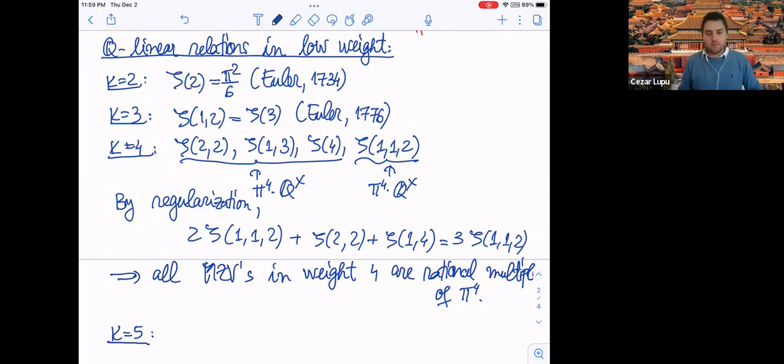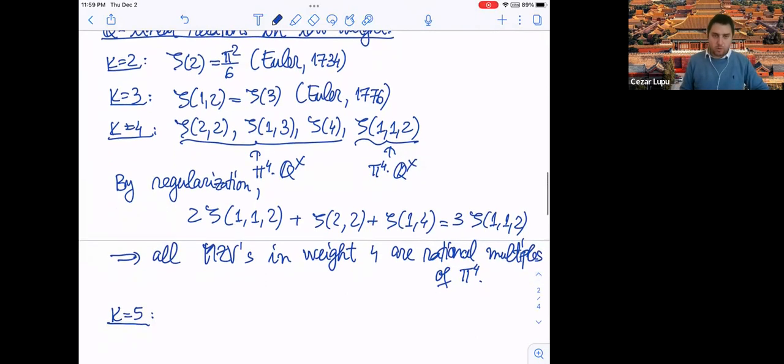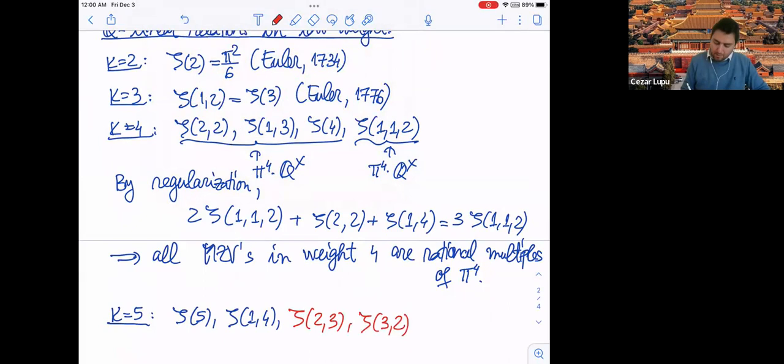So let's see what kind of multiple zeta values we have in weight 5. So we have a single zeta, zeta of 5, then we have zeta double, zeta 1, 4. Then what else do we have? In fact, let me just put these 2 values in red because they'll be important. Zeta of 2, 3, zeta of 3, 2.